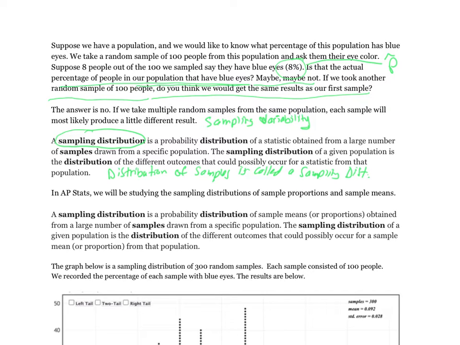A sampling distribution is a probability distribution of sample means or proportions obtained from a large number of samples drawn from a specific population. You can think of this as repeated sampling: we're going to take multiple random samples from the same population. The sampling distribution of a given population is the distribution of the different outcomes that could possibly occur for a sample mean or proportion from that population.